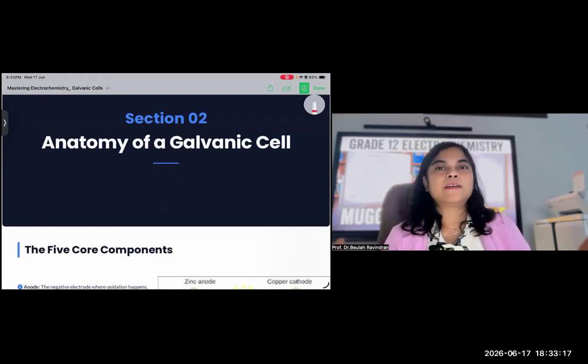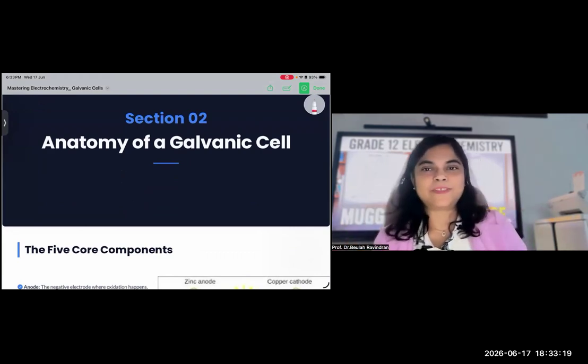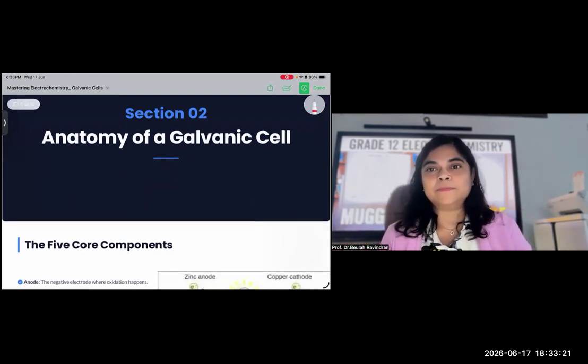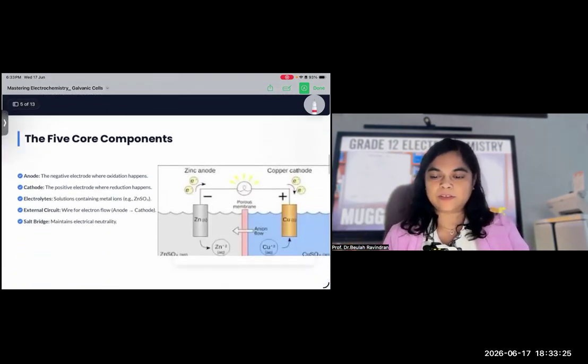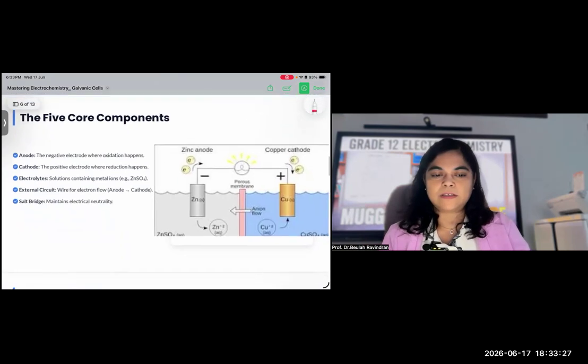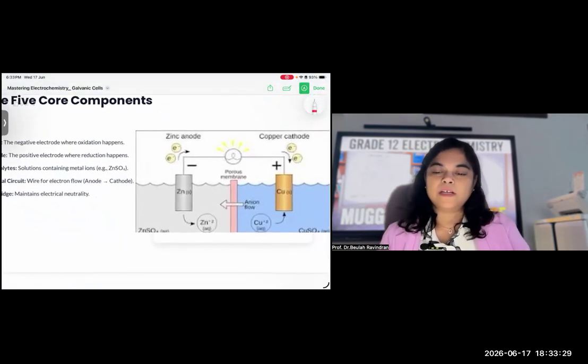Let's build a classic galvanic cell. We take two separate beakers. In the left beaker, we place a zinc strip into a zinc sulfate solution, which gives zinc 2 plus.